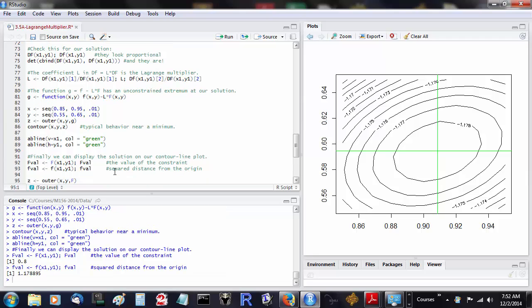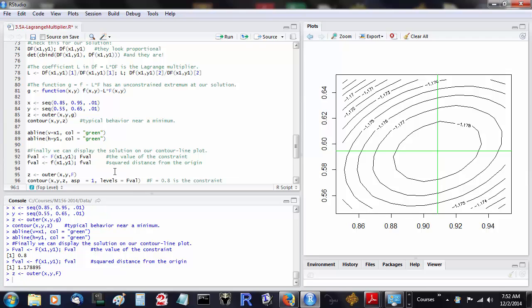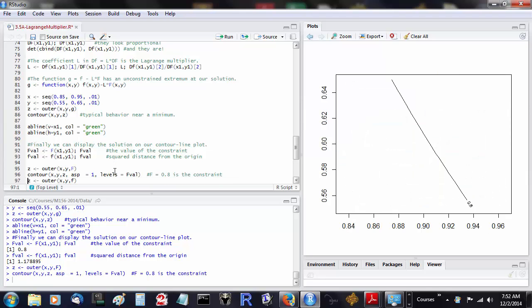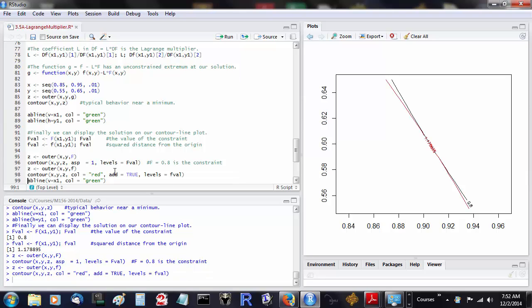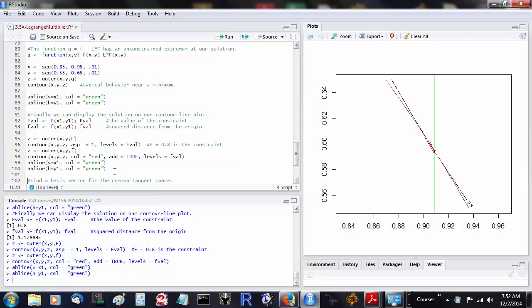The distance from the origin is the square root of 1.178. And we can plot just the relevant contour lines. There's the contour line for our constraint. There's the contour line for the circle coming out from the origin.